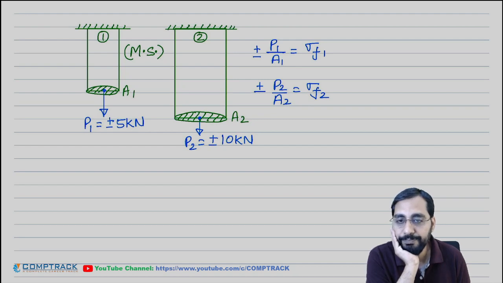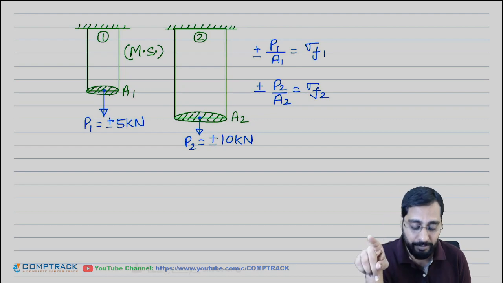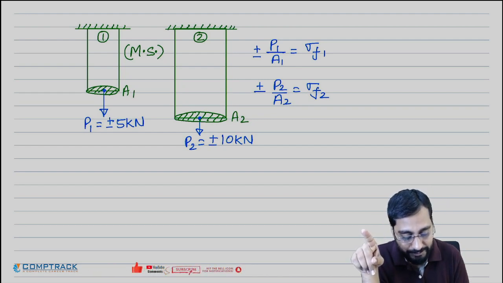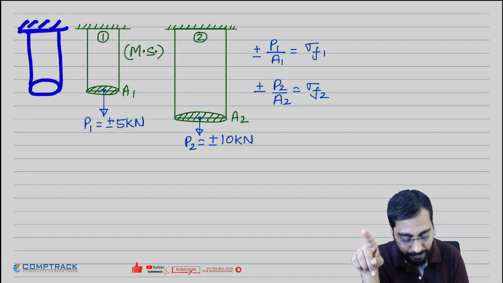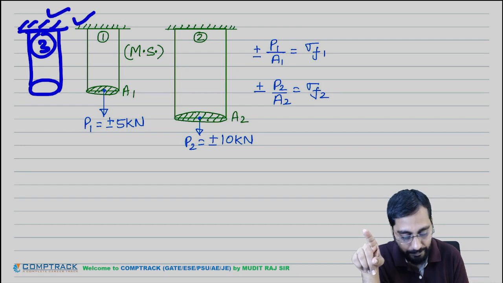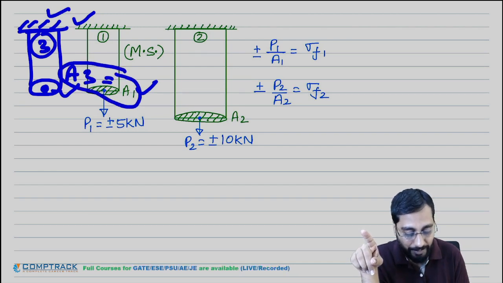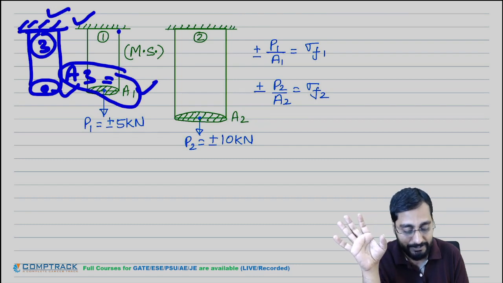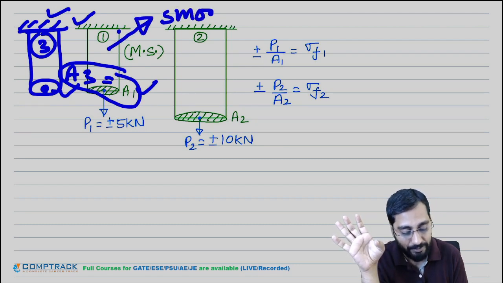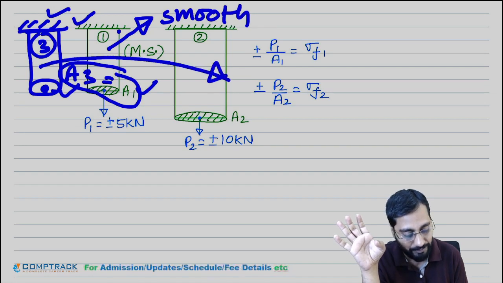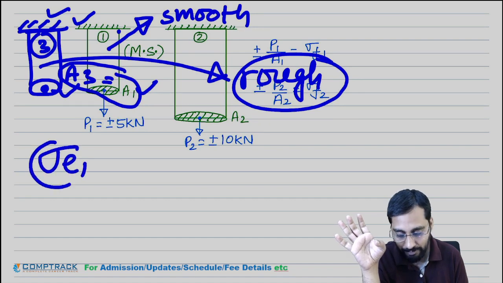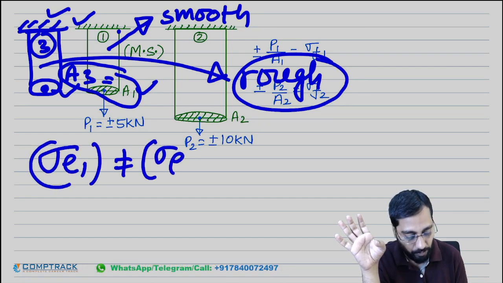Did you understand or not? Even in case you are considering two identical members, 1 and 3, maybe area is the same, A3 equal to A1, but if surface finish is not the same, this is a very smooth surface, highly polished, and this one has a rough surface, then even sigma E1 and sigma E3 will not be equal.